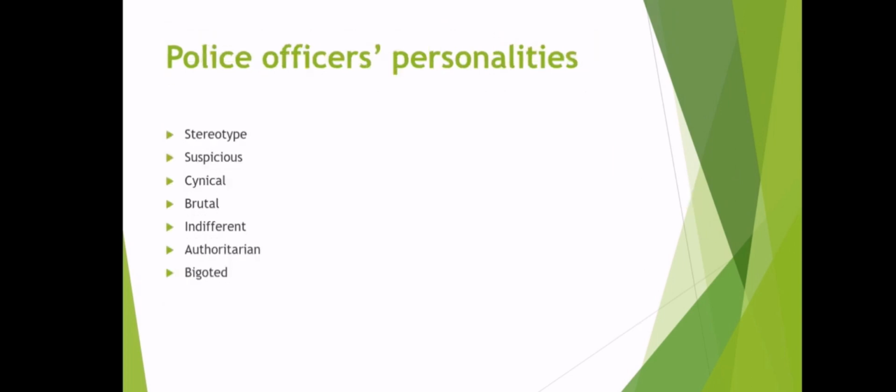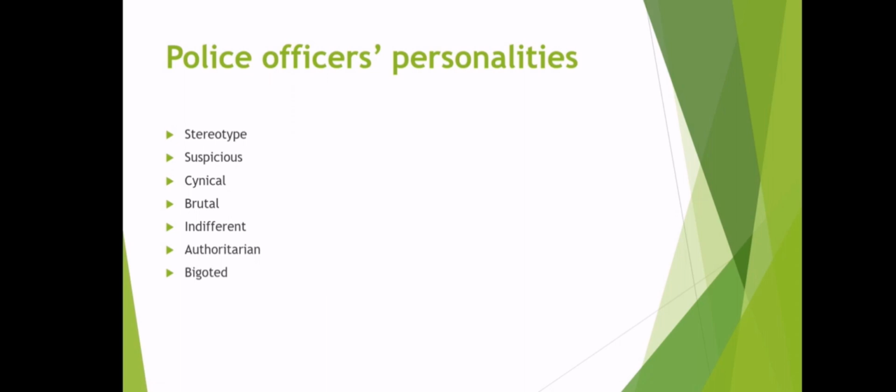Next topic. So there are different types or personalities of the police officers na dapat nilang ma-possess. So the first one is the stereotype. So what do you mean by stereotype? Stereotype is the police deal daily with criminals, complainants, and citizens who may be cursing, yelling, fighting, drunkards, high on drugs, angry, irrational, demanding, manipulated, or cruel.